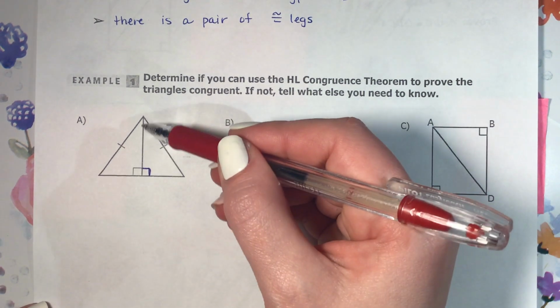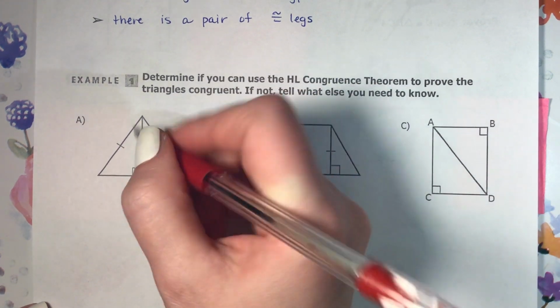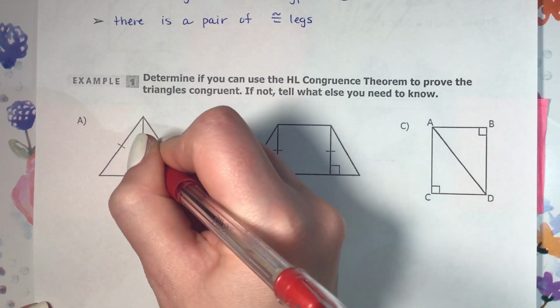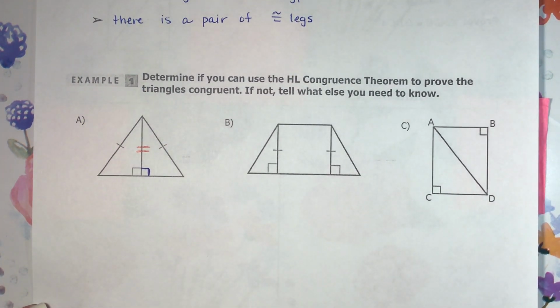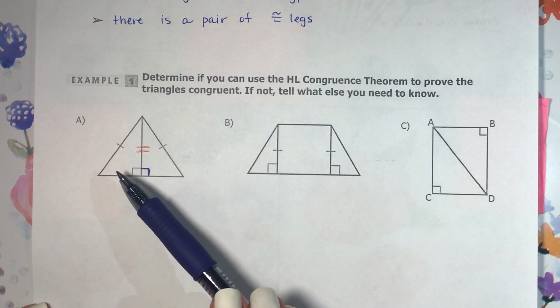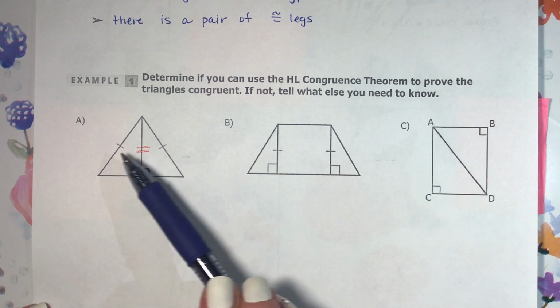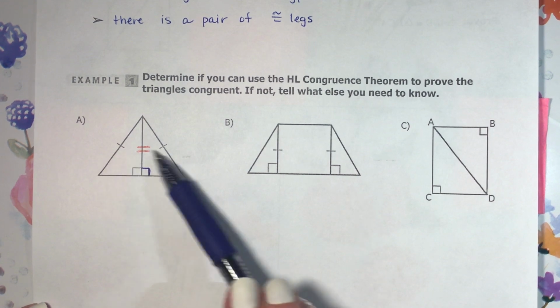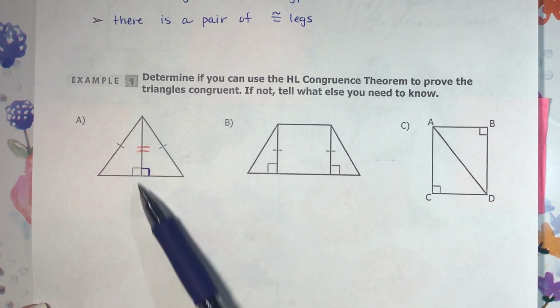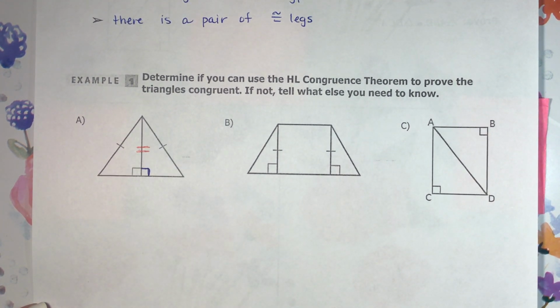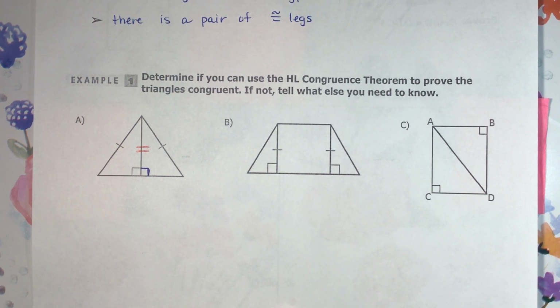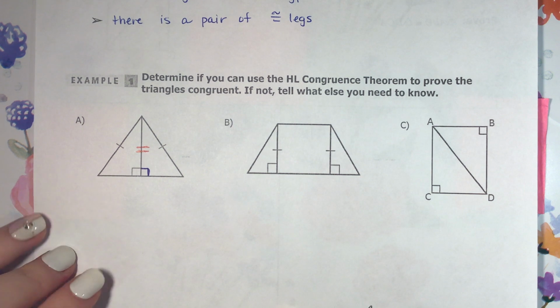Well, notice because these two triangles share this center line, I can say that it is congruent to itself. So now I have two right triangles, I have two congruent hypotenuses, and I have a leg that is congruent to itself. Therefore, yes, I can use the hypotenuse leg theorem.